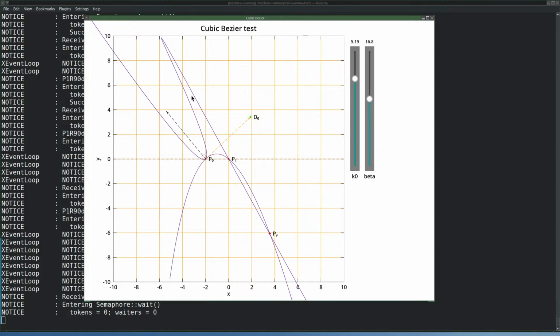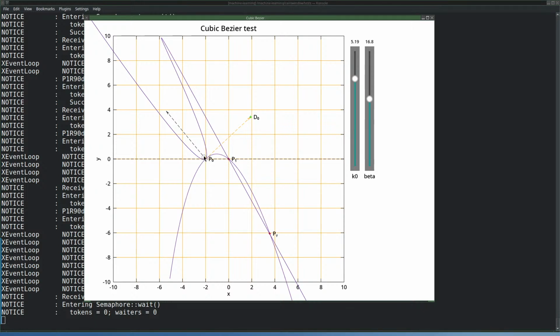This one might be one order higher, a third degree thing, instead of a 2-degree thing. But both go through all 3 points. Both have the same tangents here.